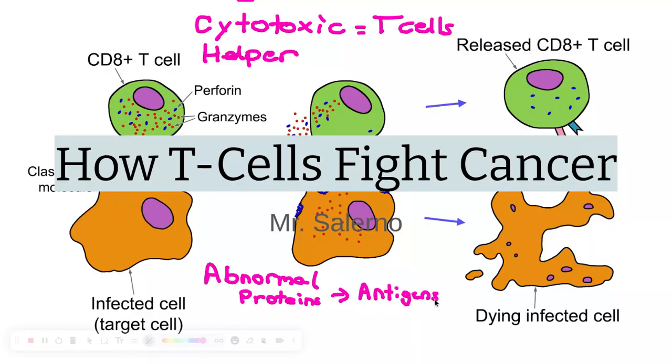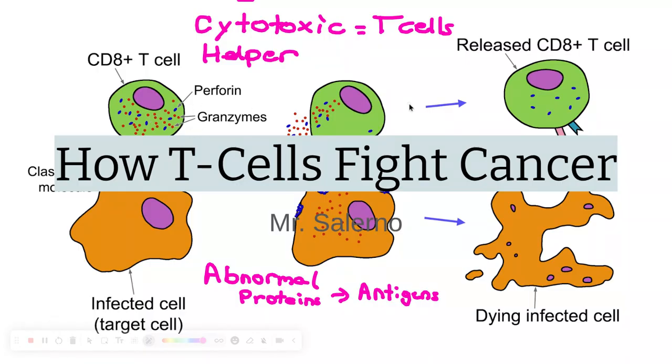So when they detect abnormal antigens, the T cells will recognize it, and of course they will attack it. The cytotoxic T cells release certain chemicals, and these chemicals will actually kill the cancer cell.